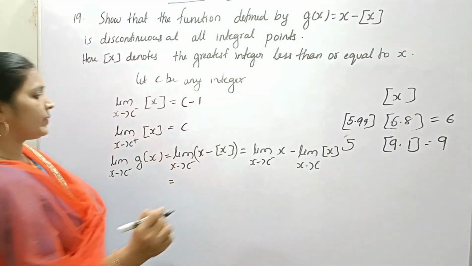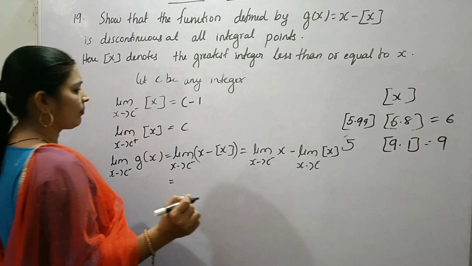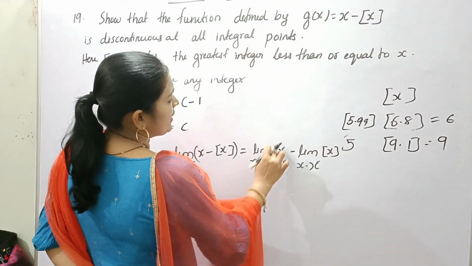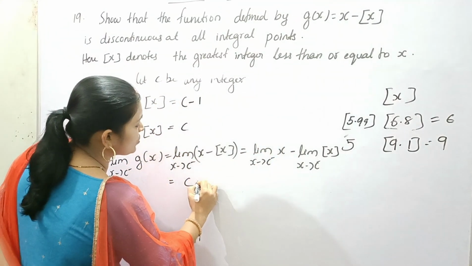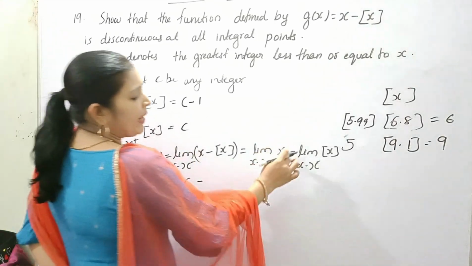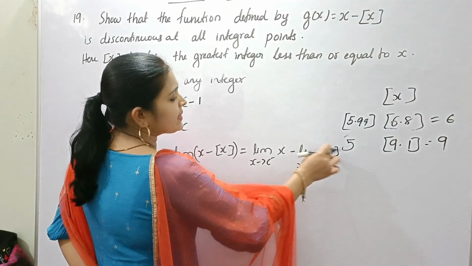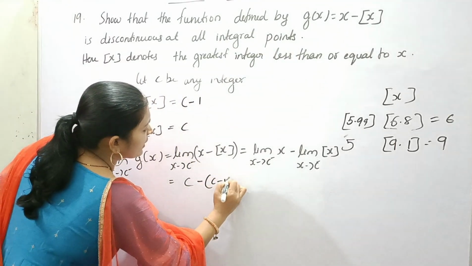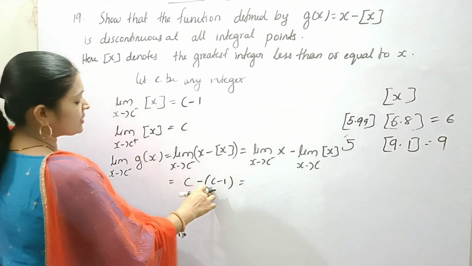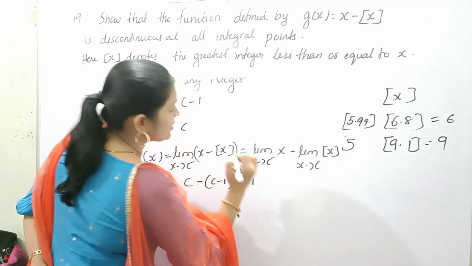The first limit is nothing but c, substitute x is equal to c. Minus limit x tends to c minus of greatest integer of x is nothing but c minus 1. Then c minus c cancelled, so the answer is 1.